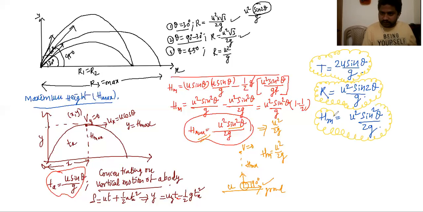So please remember and write these formulas somewhere, because they will be useful a lot. All right. Now let us have some numericals based on these areas.